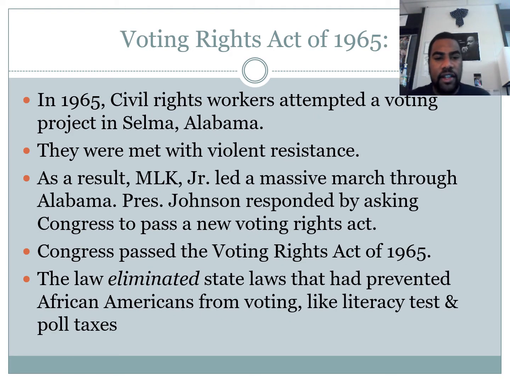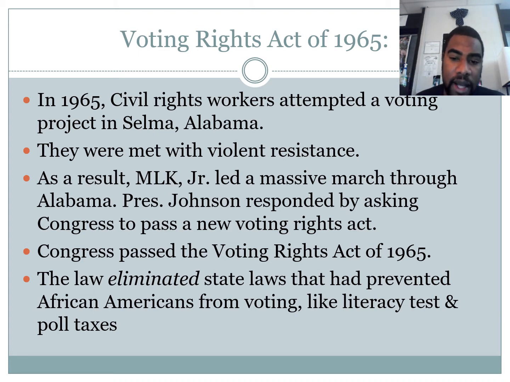In 1965, civil rights workers attempted a voting project in Selma, Alabama. They were met with violent resistance. As a result, Martin Luther King Jr. led a massive march through Alabama.